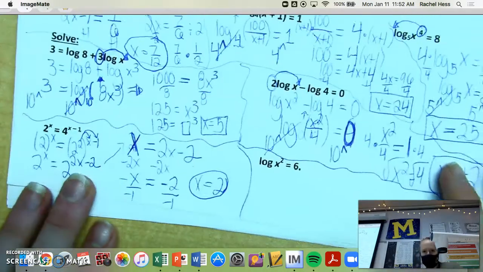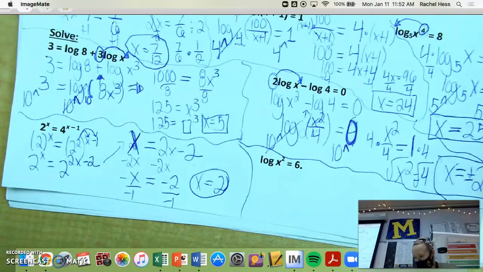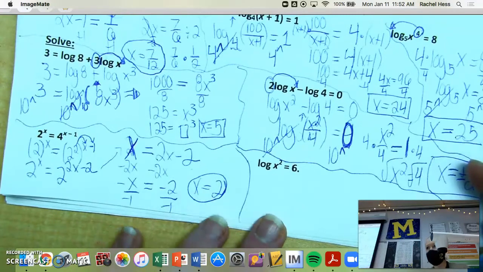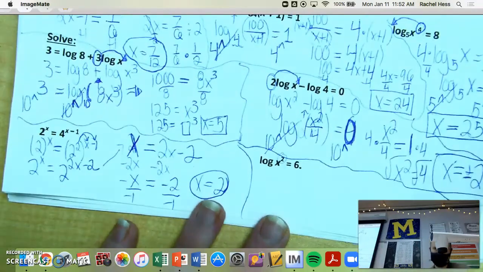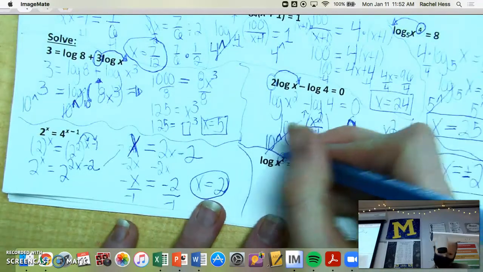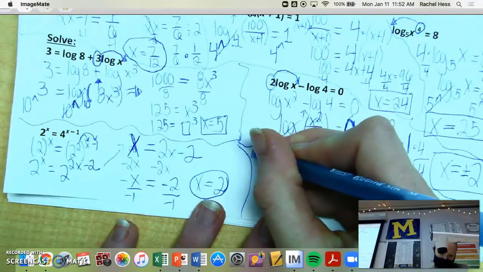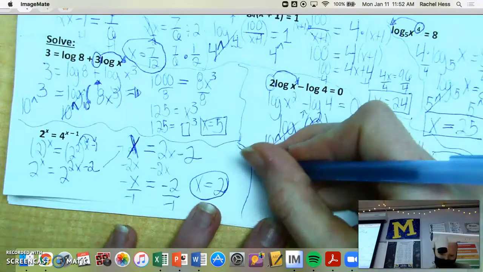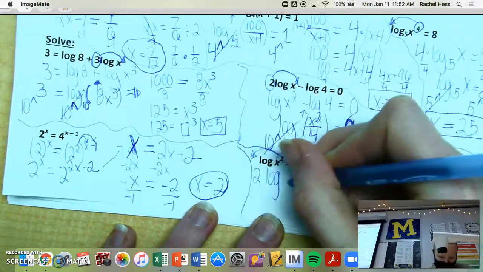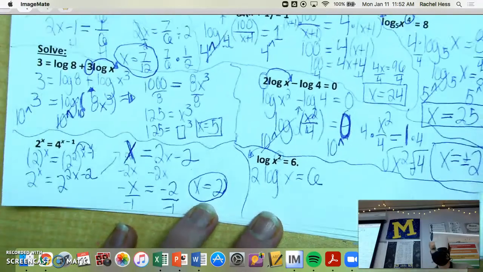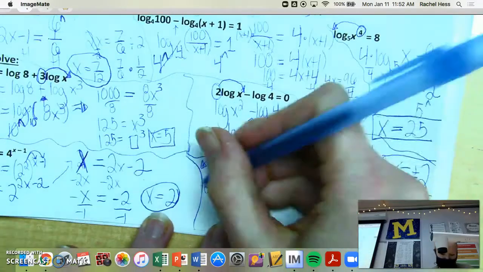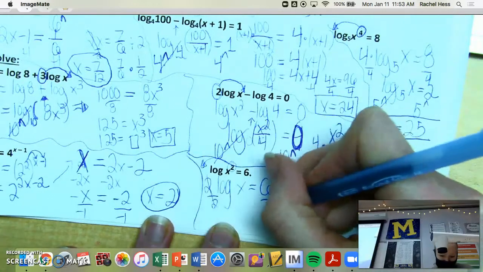What about this guy? What should be my first step? I see a logarithm and I see an exponent within that logarithm. So usually what we do with that is we bring it out front, right? Once it's out front, the really cool thing is we could just divide it out.